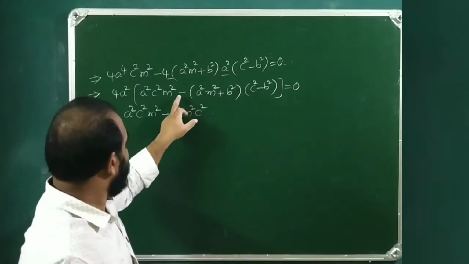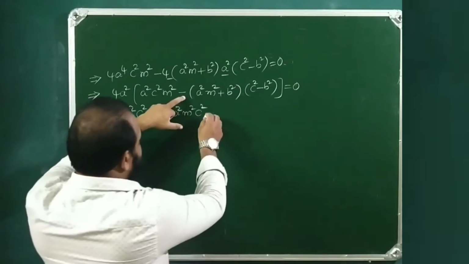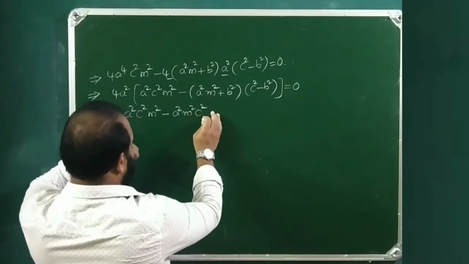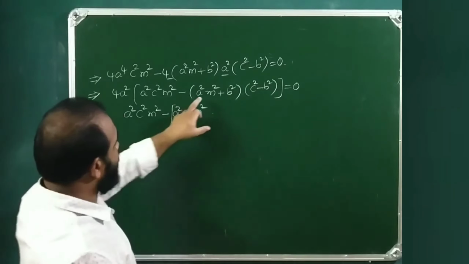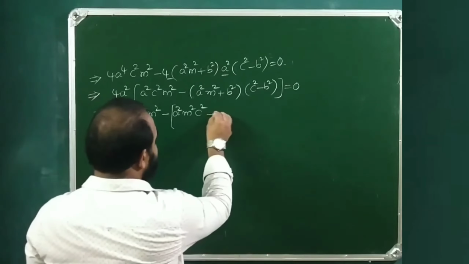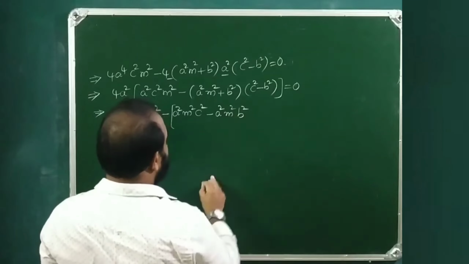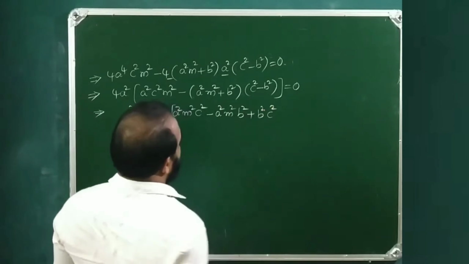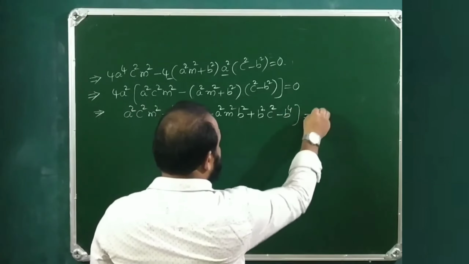Next, minus, this is equals to a square m square c square minus a square m square b square plus b square c square minus b power 4 equals to 0.